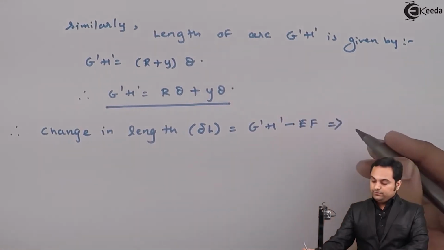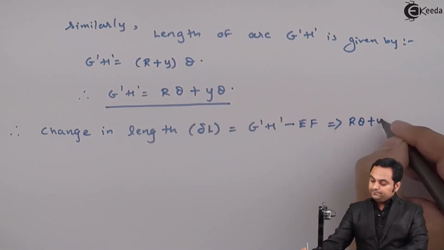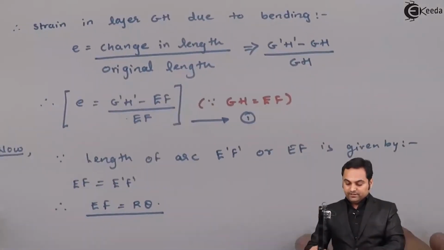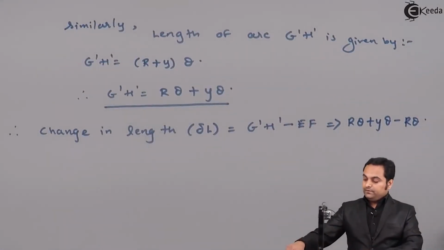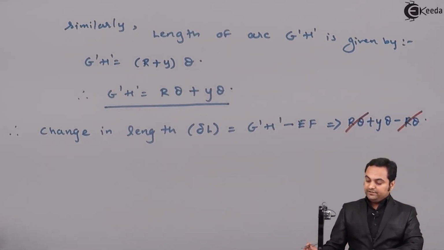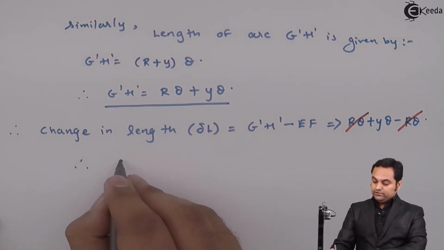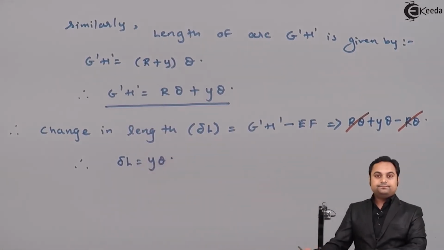So it is equal to R theta plus Y theta minus EF, which was again R theta. From this, plus R theta minus R theta gets cancelled out. So we have the deflection delta L equal to y into theta.